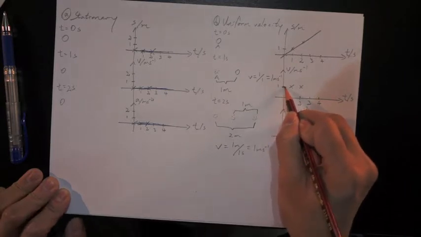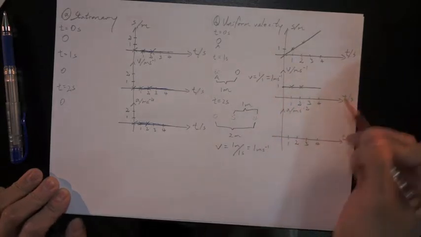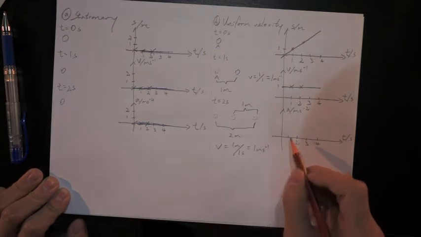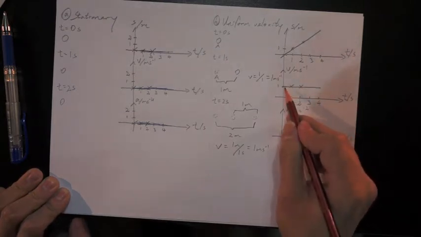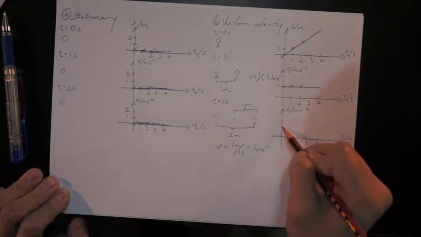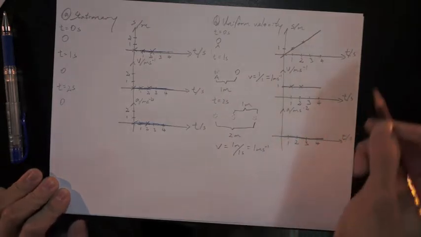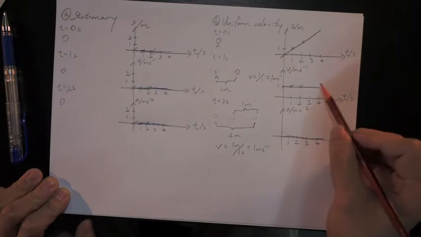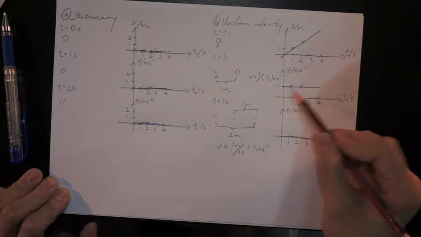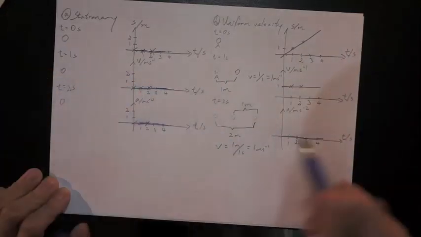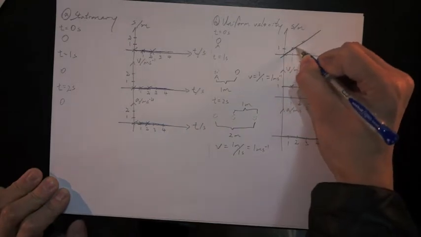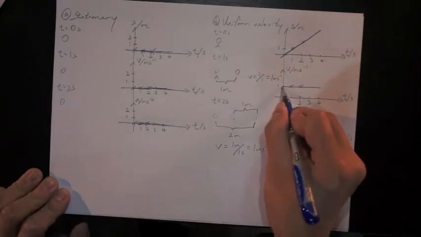So we can draw a straight line like this. For that case, the acceleration of the object is 0, because the object has no velocity change anymore. Therefore, we can draw the line like this.